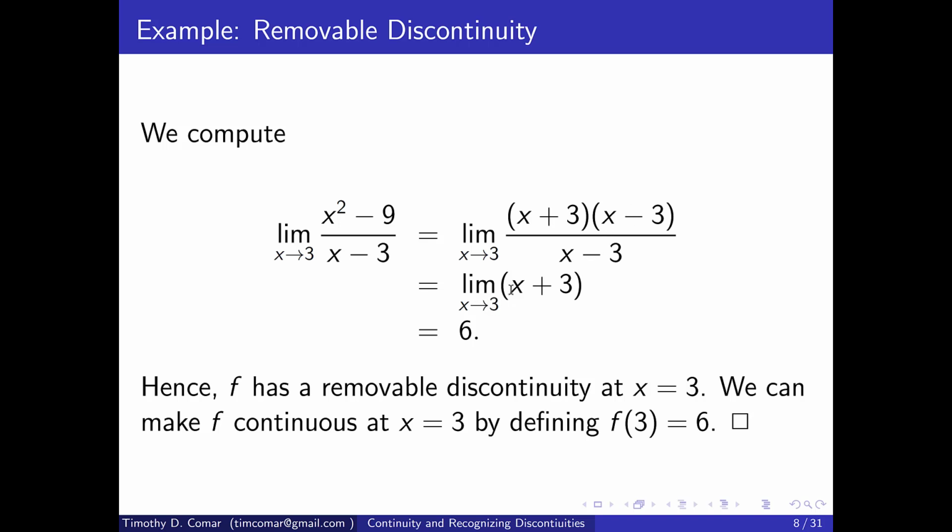And we're left with the limit of x plus 3 as x approaches 3, and that, as we saw on the figure on the previous slide, is going to be 6. So f has a removable discontinuity at x equals 3, and then we can define f of 3 to be 6 so that it's indeed going to be continuous there.